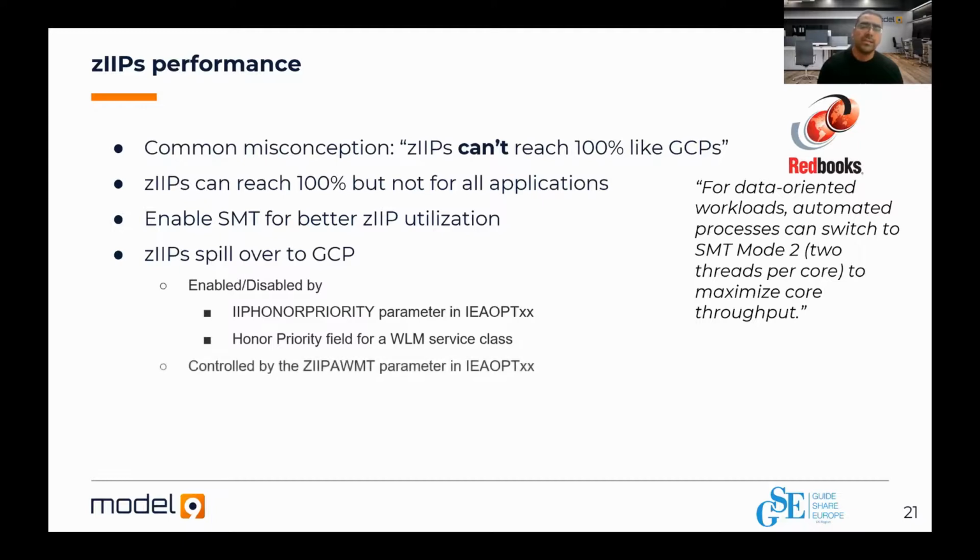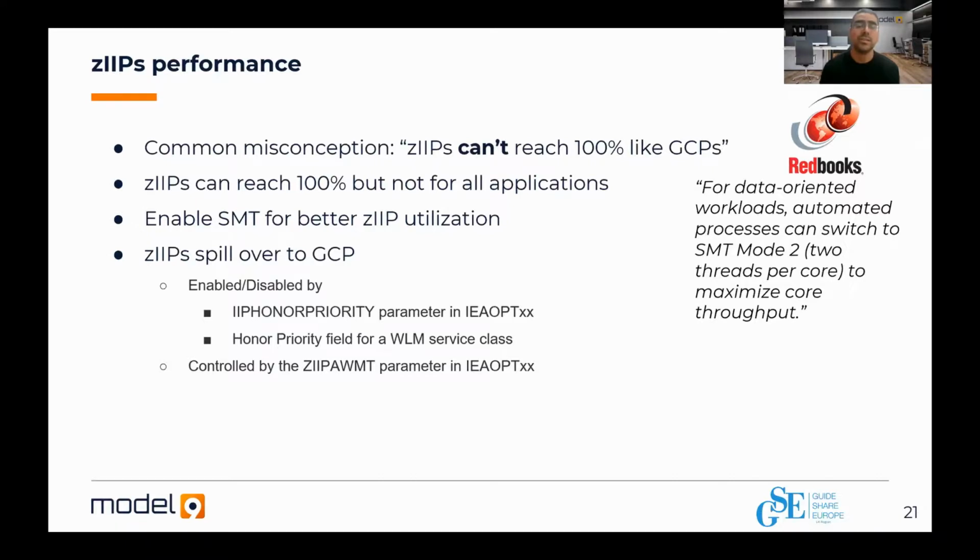In the same manner, as I mentioned, sometimes you do want to spill over to GCPs, and the default spillover is kind of minor. So z/OS in general does not spill over massive amounts of zIP-eligible work into CPs. But the zIP AWMT parameter in IEAOPT actually allows you to control that a little bit better and really say how frequently should z/OS look for work that can be spilled over to GCPs.